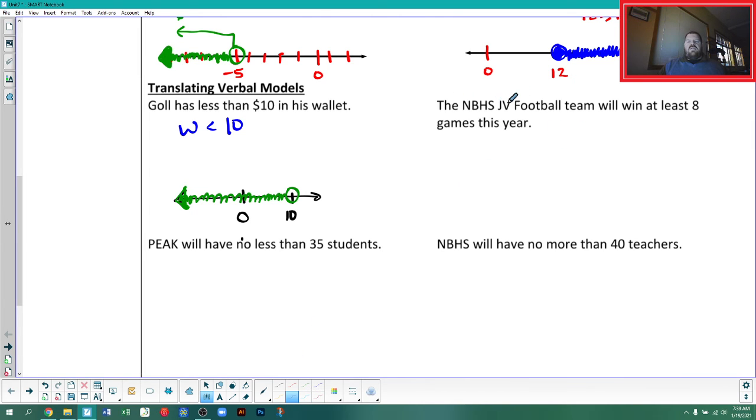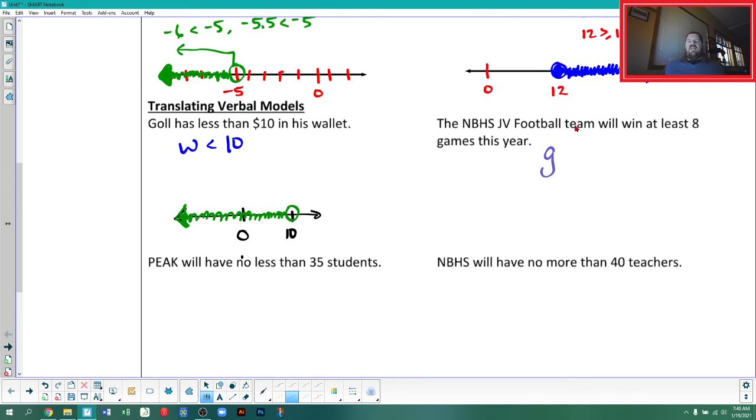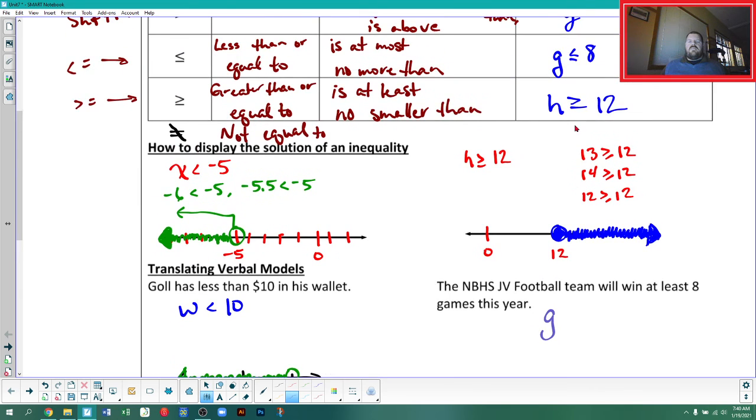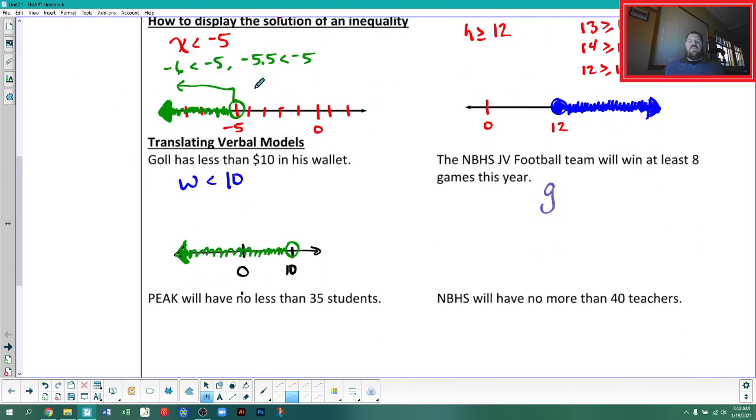The NBHS JV team will win at least 8 games this year. So let's say games is at least. Now, where does at least fall? At least falls in this greater than or equal to. So meaning that they can win 8 games, but they could also win more. Don't hold me to this, but we'll do our best.